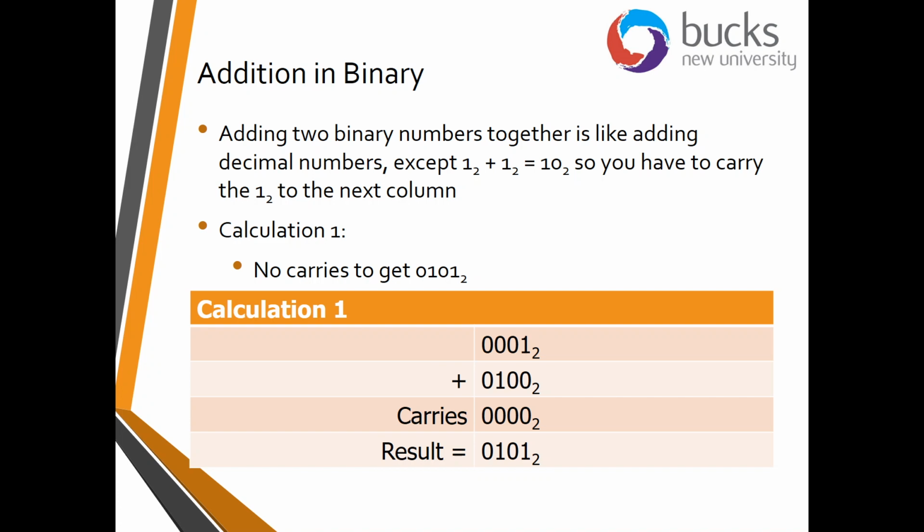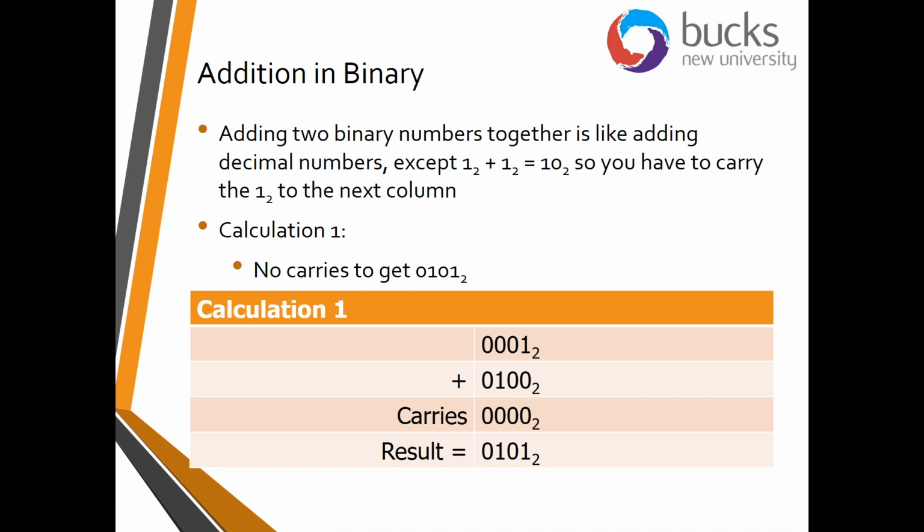You have 0 and 1. So 1 plus 1 in binary would be 1, 0. It is 2 in decimal, of course, but effectively it's displayed as 1, 0 in binary, because we can't represent 2. To represent 2, we have to move it 1 place to the left.